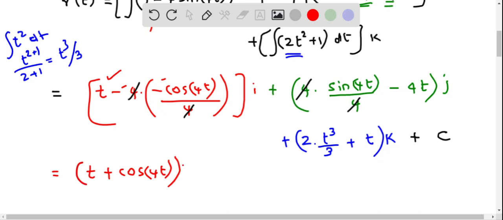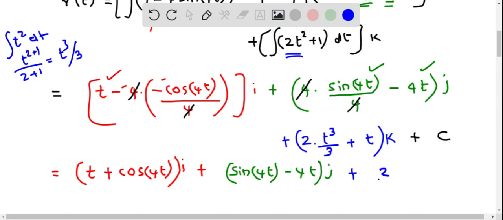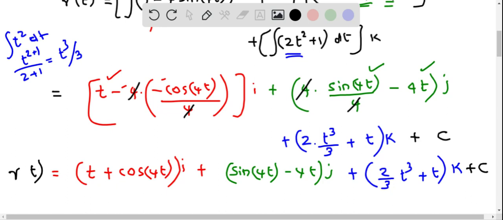This is for the i component, plus the j component, which is sine of 4t minus 4t, plus the k component, which is 2/3 t cube plus t, plus the integration constant c. So this basically represents r of t.